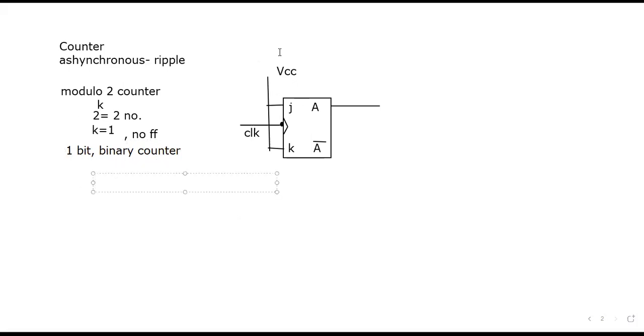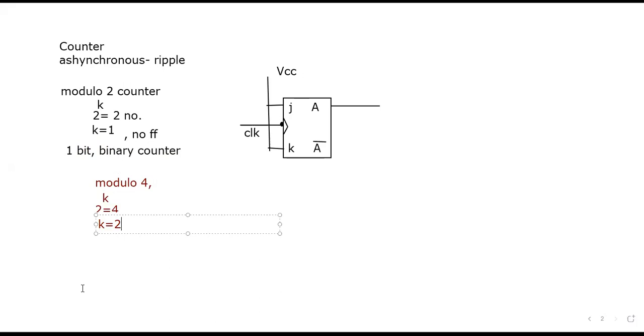Now we are moving towards the 2-bit counter. Suppose I want to draw a modulo 4 counter. So what should be there? 2 raised to k equals 4, so k equals 2.